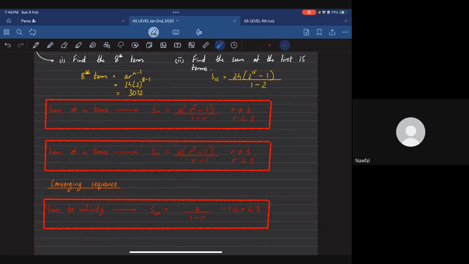So remember that whenever your common ratio is less than 1, you're simply going to be using this formula. And whenever it's greater than 1, you're going to be using this formula. Is this clear, boys?